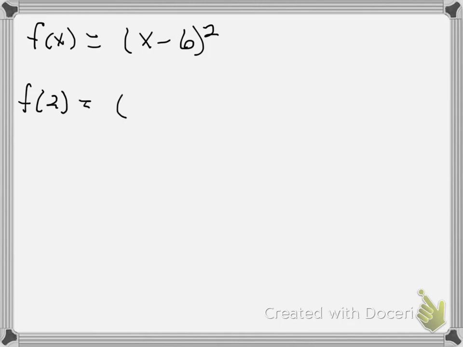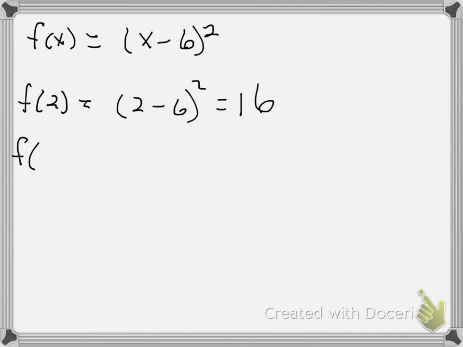Now, let's say that we had another problem where f of x was equal to x minus 6 squared. And I asked you to find f of 2 for me. Well, that becomes 2 minus 6 squared, which is negative 4 squared, which is 16.